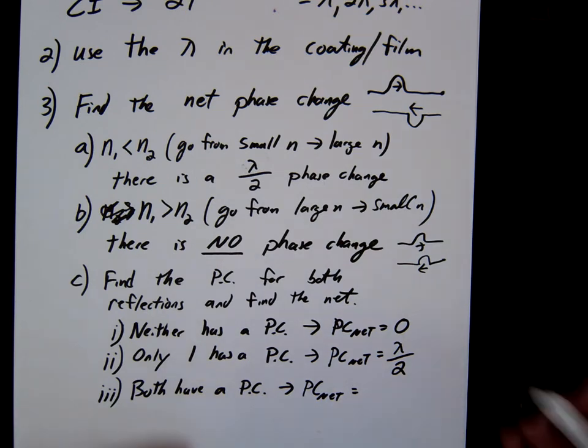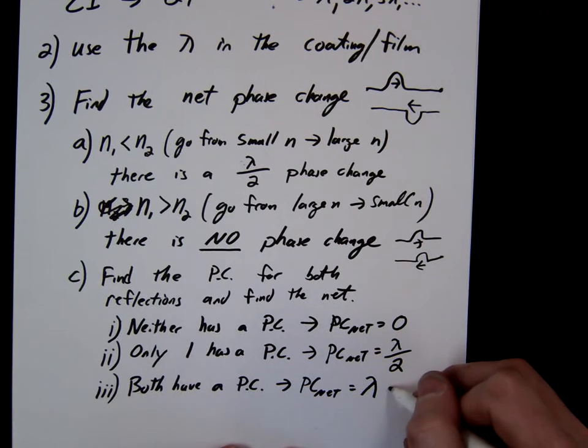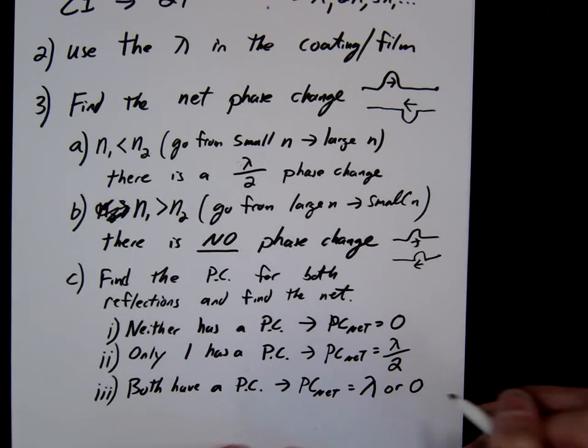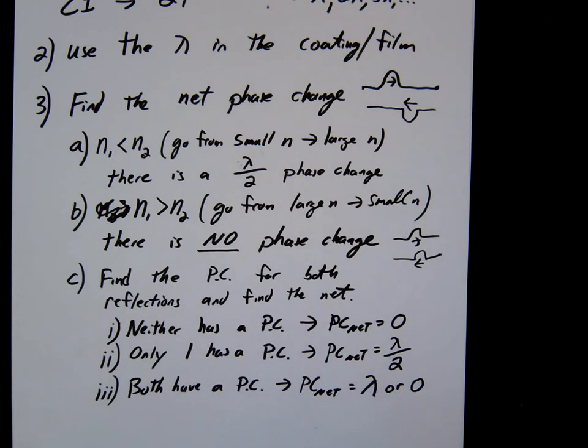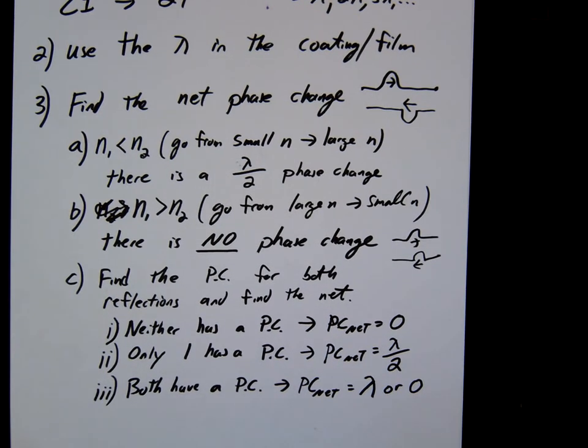Okay, so lambda over 2 plus lambda over 2 equals lambda. Or 0. You get your choice. Whichever one you feel more comfortable with, lambda or 0.